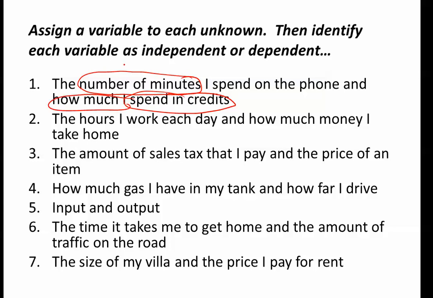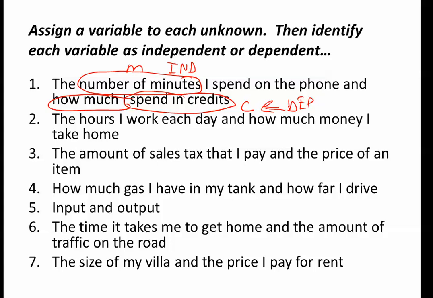I'm going to call the number of minutes M, or you can call it T for time, and the credits C. So the number of minutes is the independent variable, and C, the credits that I have to buy, is the dependent variable.